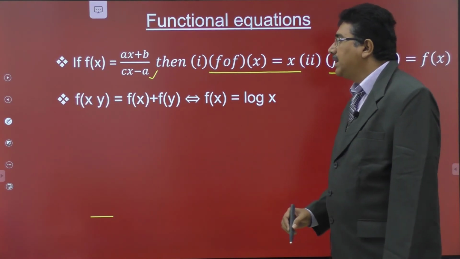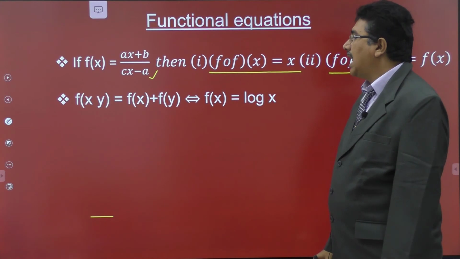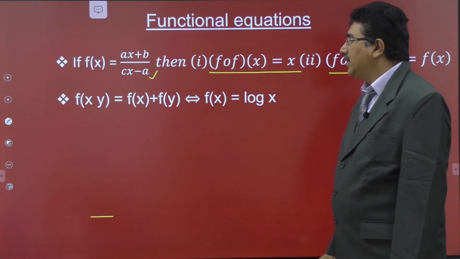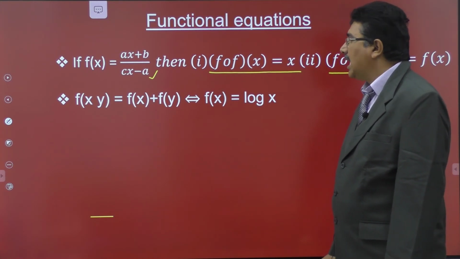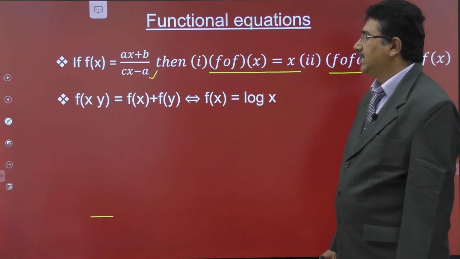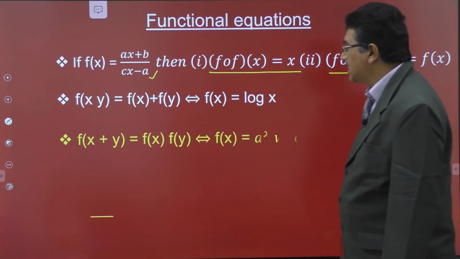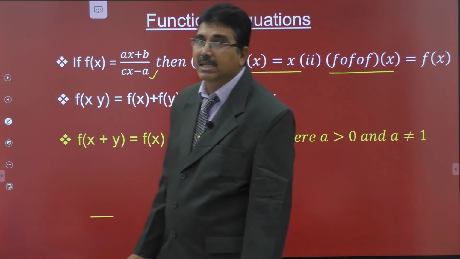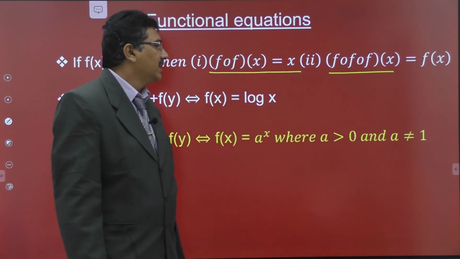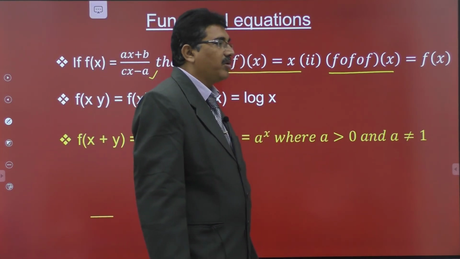Because of the property of logarithm, log xy is equal to log x plus log y, right? Now the exponential function. Exponential function means f of x is equal to a power x.